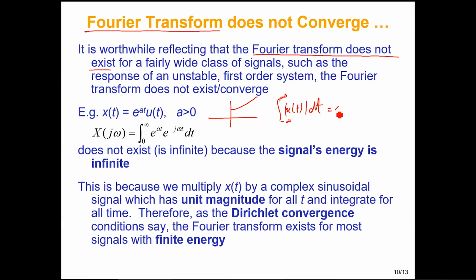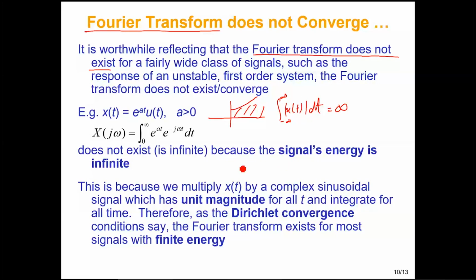So this will give you infinity, because this is basically the area under the graph, and if it keeps diverging, it will end up giving you infinity. Now, what is to be seen here is that your Fourier does not exist if your signal energy is infinite, or if your signal or function is not absolutely integrable.